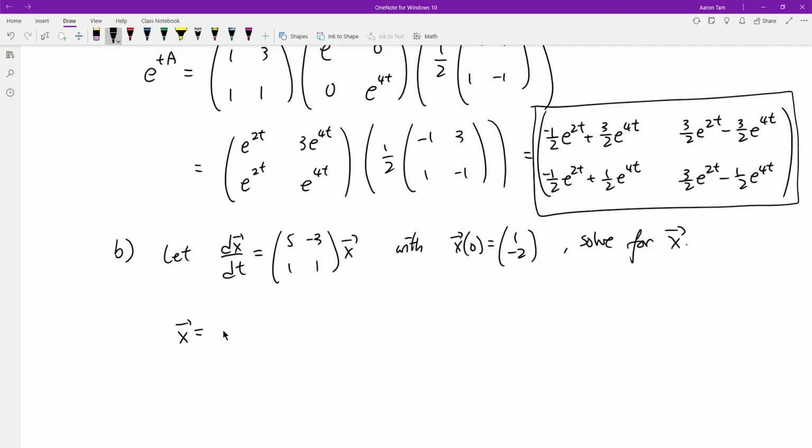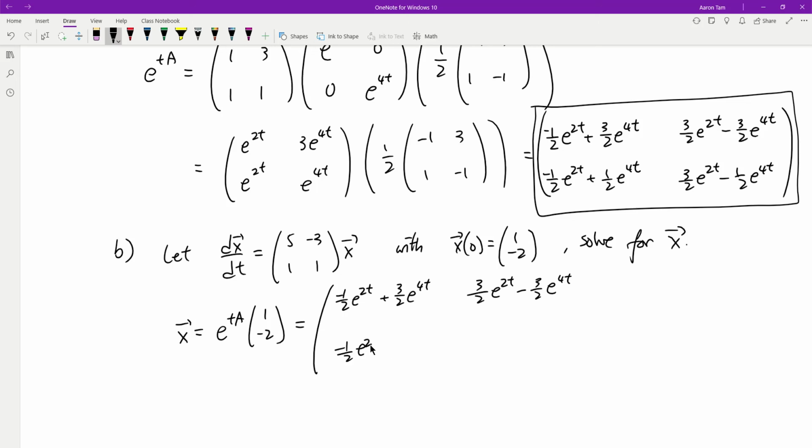That just means vector x is equal to e to the tA multiplied by 1, negative 2. So that just means this massive matrix multiplied by 1, negative 2.